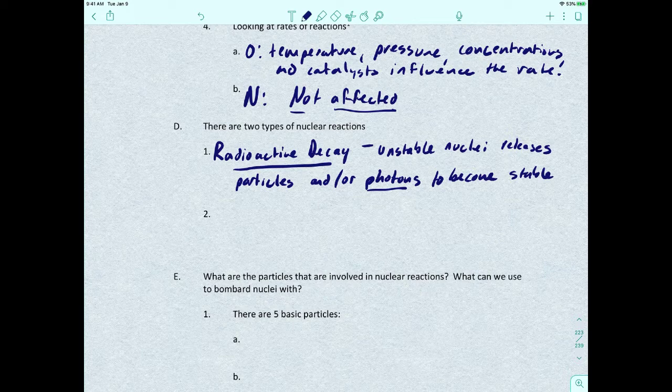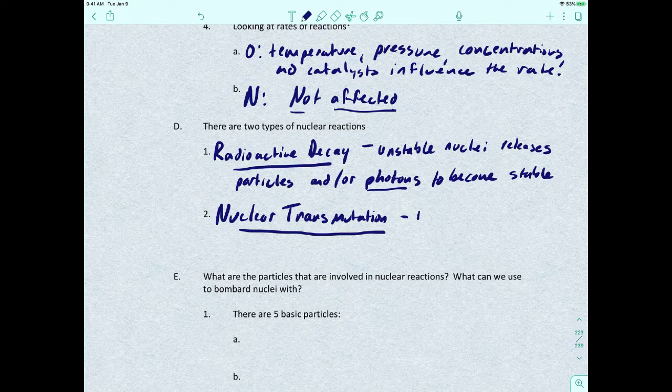The other type of reaction is called nuclear transmutation. Nuclear transmutation, where we bombard a nucleus with particles to convert that isotope into something else.